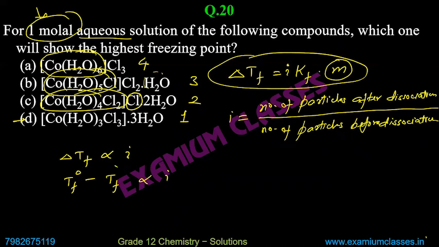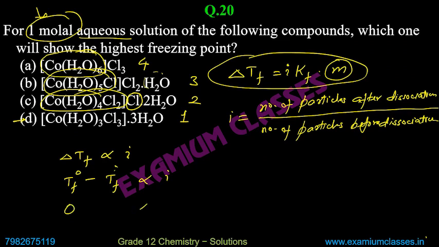This you have to find out. The question is which will show the highest freezing point. Highest freezing point, that one in which the value of i will be lowest. Because suppose TF naught is 0.